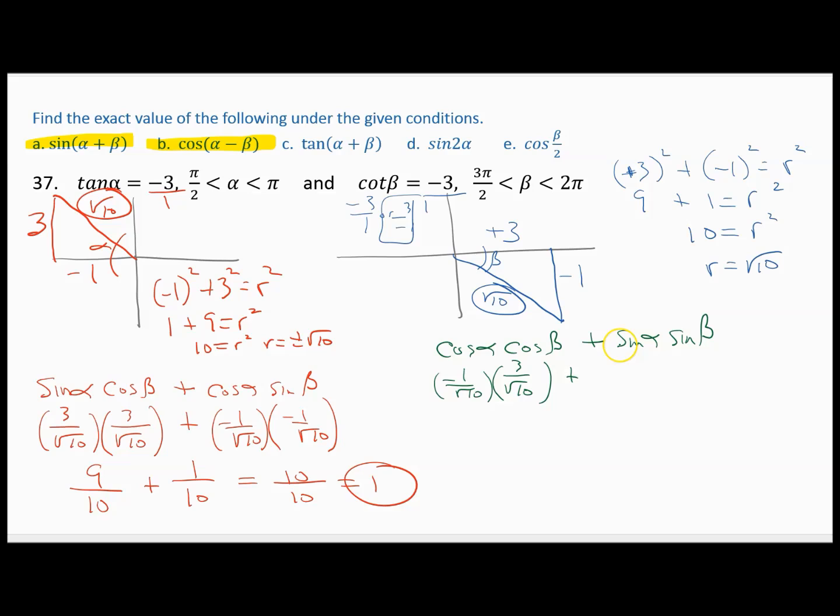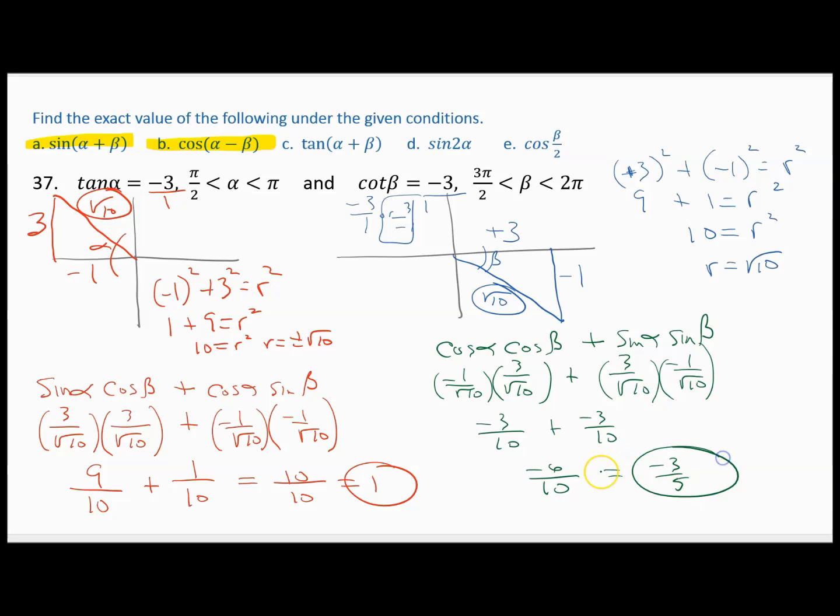Plus sine of alpha, back to my red triangle, so sine is opposite, 3 over the square root of 10. Times sine of beta, so I'm looking at my blue triangle, opposite, negative 1 over the square root of 10. And I simplify, this is negative 3 over 10 plus a negative 3 over 10, which is a negative 6 over my common denominator of 10, which is negative 3/5.